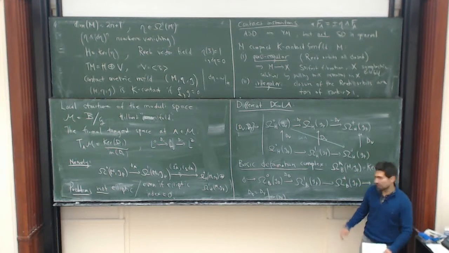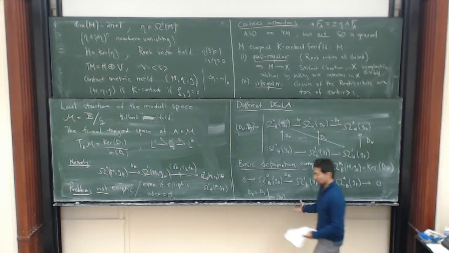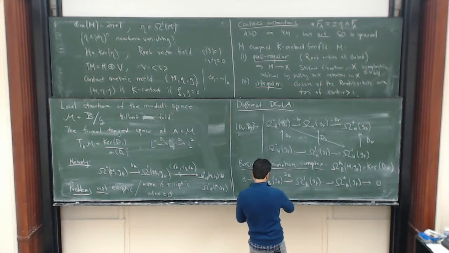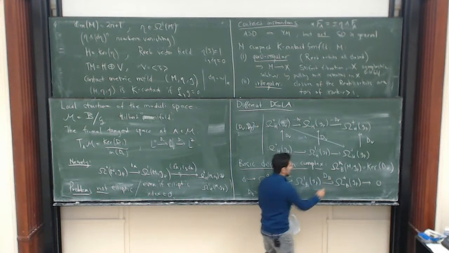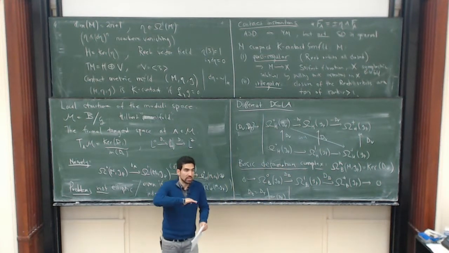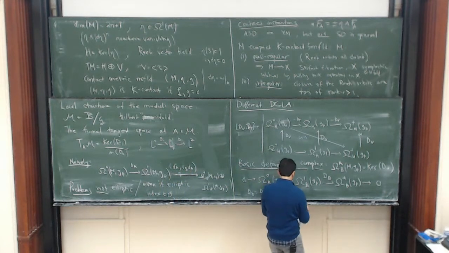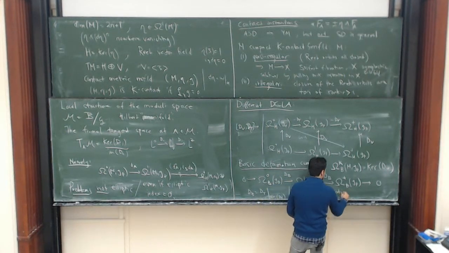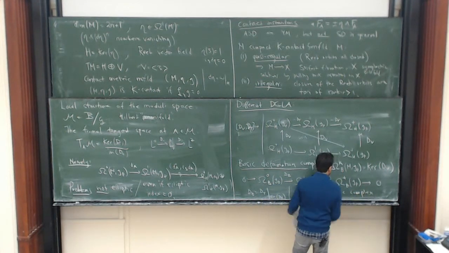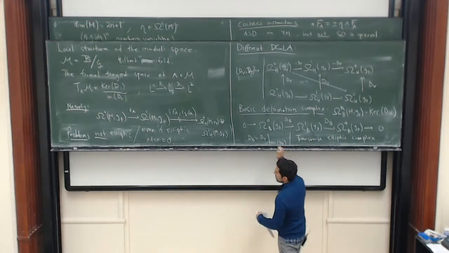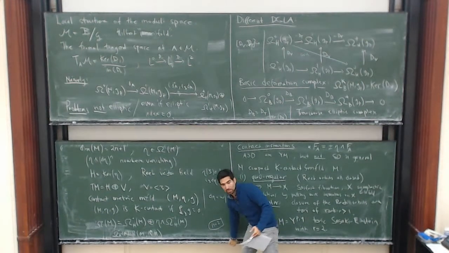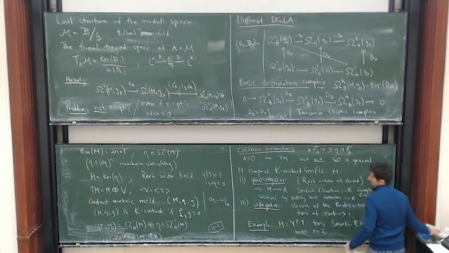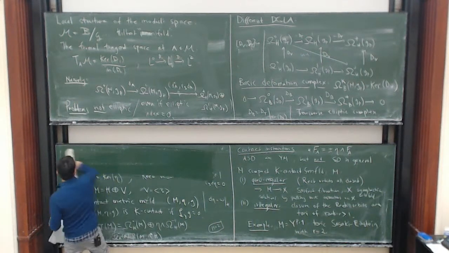Again, it's not elliptic, but it's transversal elliptic, meaning that the symbol is an isomorphism when restricted to the transverse direction. So this is a transverse elliptic complex. And there's a general theorem that guarantees that the cohomologies are all finite dimensional. So you know that you have a Fredholm property.